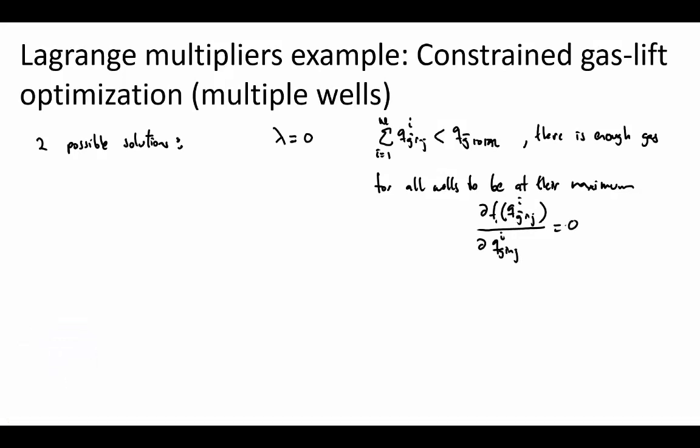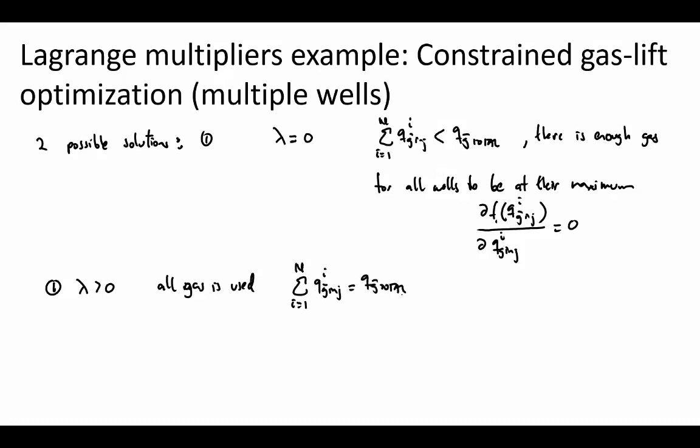Okay, that means if I have enough gas, then that guy has to be 0, so I can reach the maximum. The other solution is that lambda simply is positive. Okay, so in that case all gas is used, which means that the sum is exactly equal to gas total.